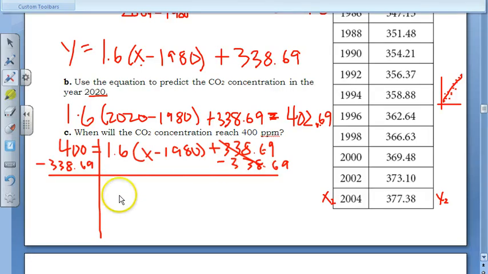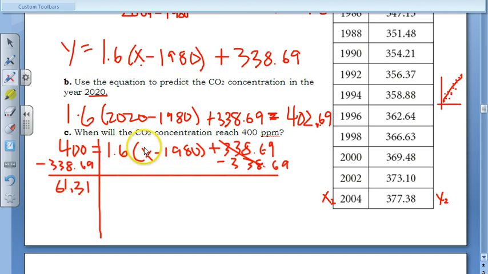I got 6131. Now, with these parentheses, it throws off what we normally do. Normally we would divide by the slope, and that would be our answer. But we're going to have an extra step in there. There's a couple different ways to approach it. We could start by dividing both sides, and then adding to both sides at the end. Or we could distribute. I think we're kind of used to distributing, so I'm going to take that approach.